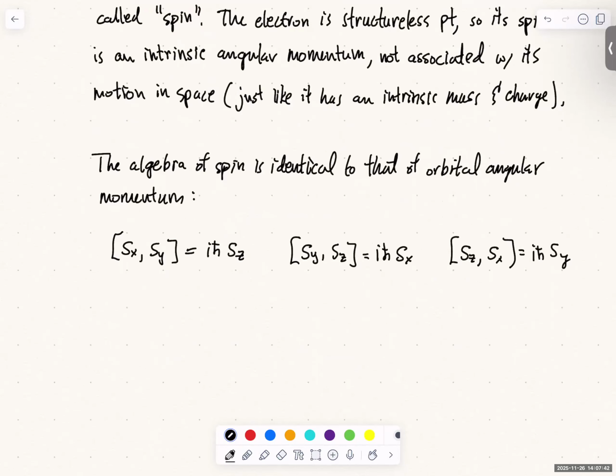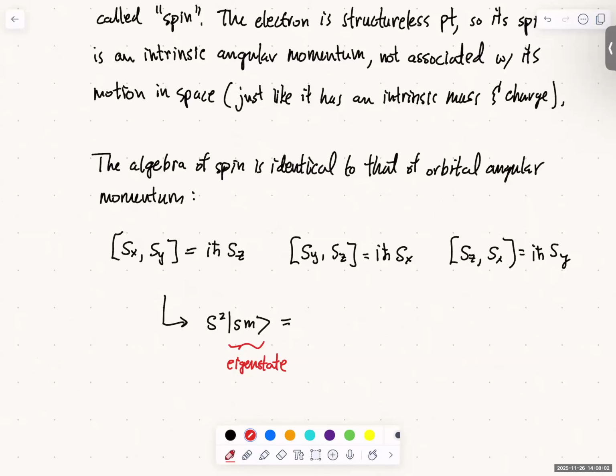So if we were to write down an eigenfunction type of equation for the S squared operator, this is an abstract representation of the eigenstates.